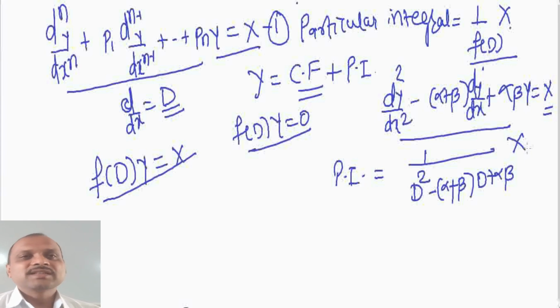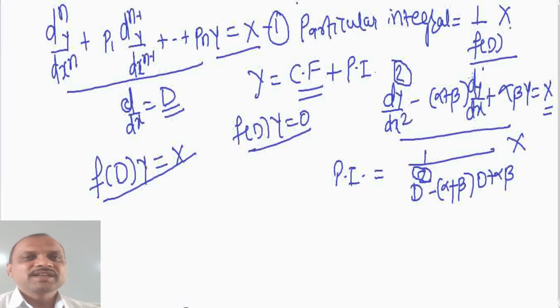So this is an important point to note here: how to write the operator D. You can see that I have not written the order as the indices of the operator. For d by dx we are using D, and here the order of the differential equation is written just as D square.